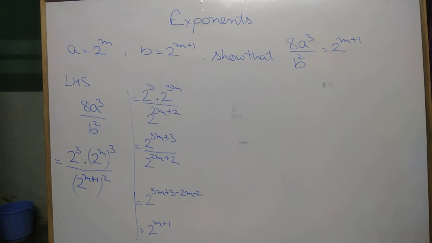What does it mean? It means left hand side equals right hand side, hence it's proved. Hope this line is clear to you. Okay, that's clear. LHS equals RHS, right? Likewise we can prove some other questions.